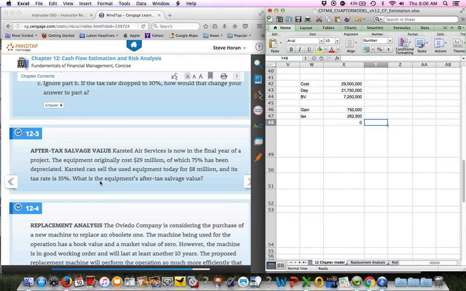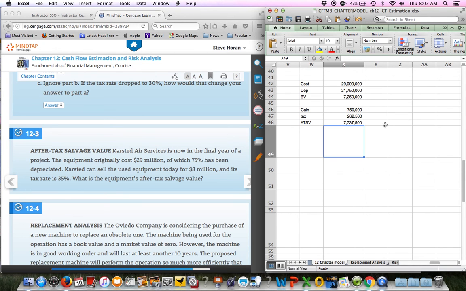So the question was, what is the equipment's after-tax salvage value? The after-tax salvage value, I'm going to go ATSV, is the $8 million received, plus 8 million, minus the tax.